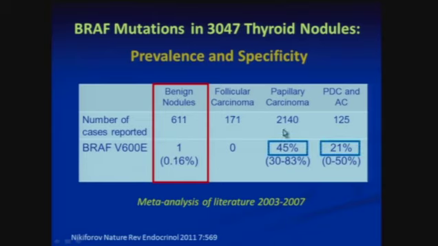On the other side, you'll notice that papillary cancers, about 45% of them will express the BRAF mutation, but in the poorly differentiated anaplastic cancers, only 20% will show the BRAF mutation. And follicular cancers, having a very different histology, none of these will express the BRAF mutation.